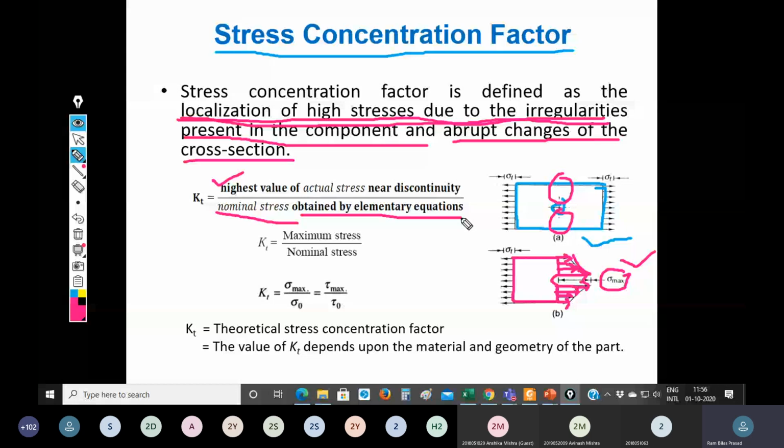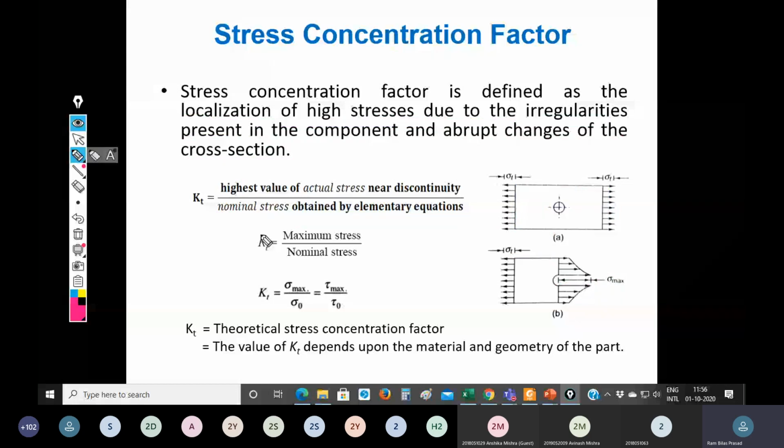So Kt is maximum stress divided by nominal stress, and in the form of sigma max, this will be sigma max divided by sigma O, the nominal stress. Sigma O is the load divided by the minimum cross-sectional area.